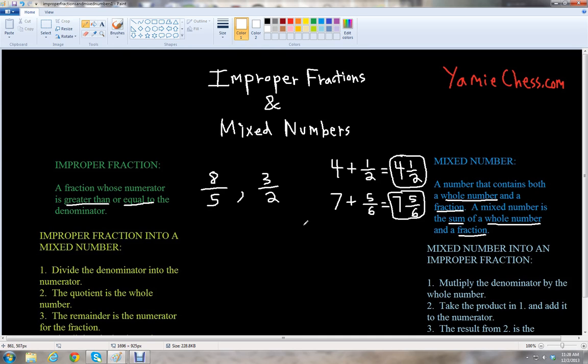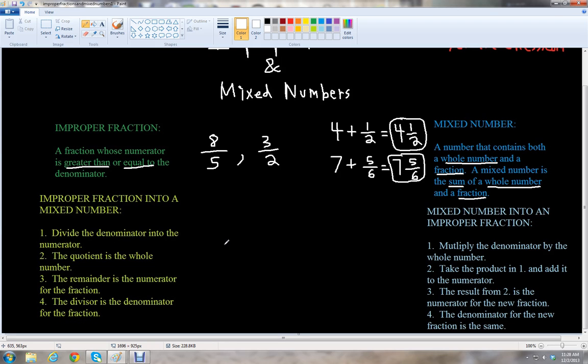Okay, so now that we know what an improper fraction is and what a mixed number looks like, we can take a look at how to convert an improper fraction to a mixed number. We have 4 simple rules that will help us do this. The first thing we want to do is divide the denominator into the numerator.